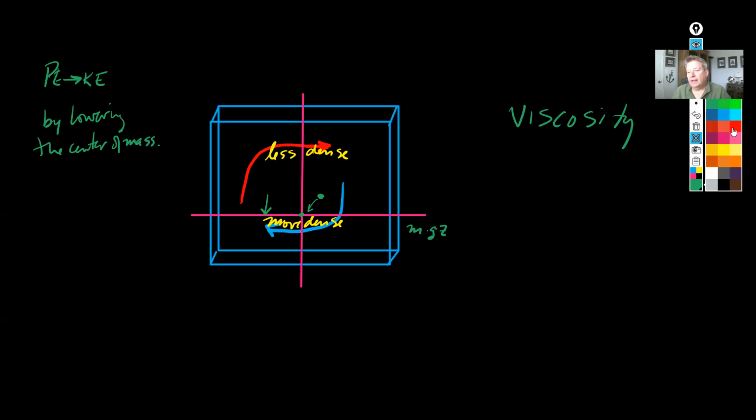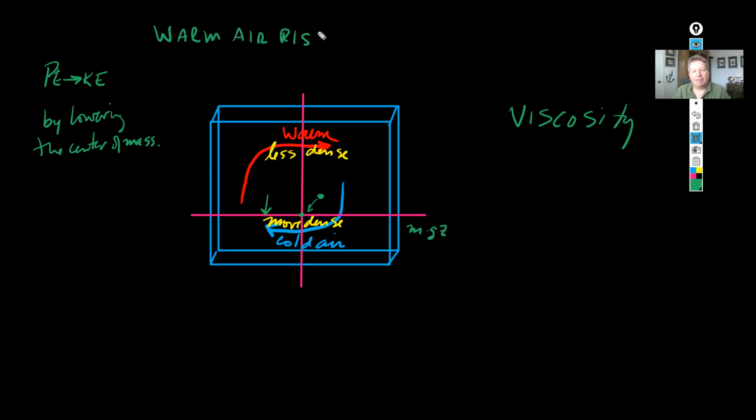Now, less dense. Do you agree that less dense stuff could be warm air? And the more dense stuff would be cold air. So in this circulation, what do I actually have? I have warm air rising and cold air sinking.